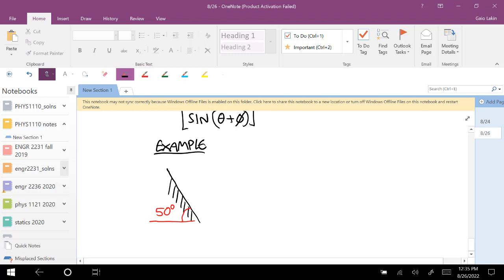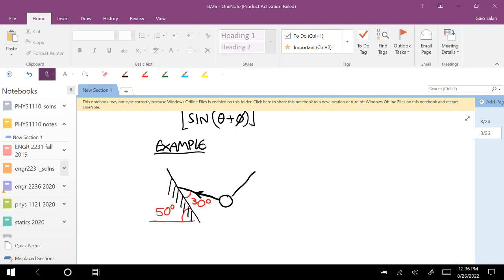And then we have a cable connected to some object, and then maybe there's another cable there. And we know that this makes an angle of 30 degrees with the wall. And we want to know a unit vector in the direction of this vector. Okay, so how do we do that?